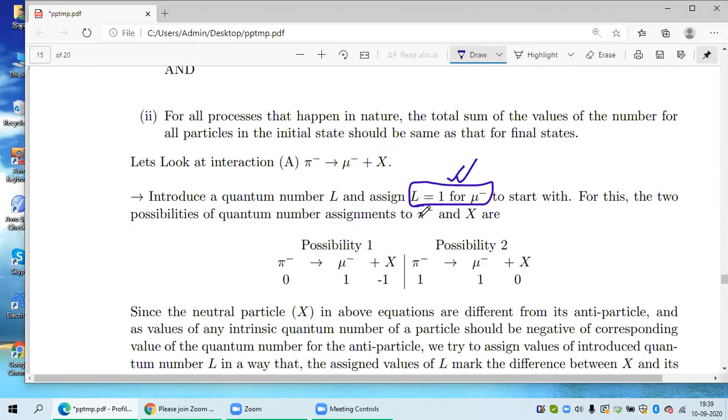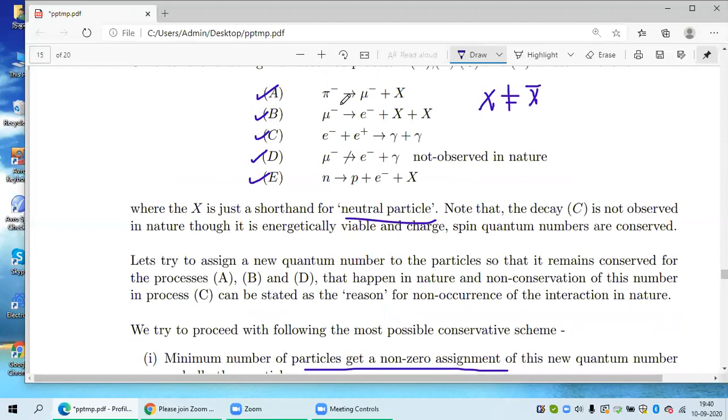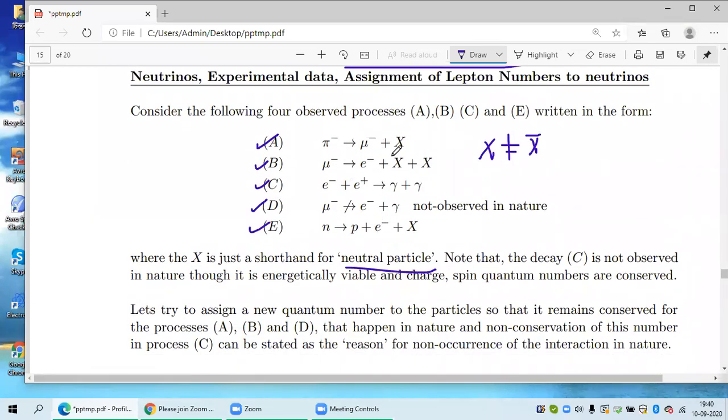Why do we assign L equal to 1 for the mu particle? Why not for the pion? Mu is fundamental, that is so. That is because this has some historical importance. So we have seen these interactions. How will we assign these quantum numbers, only looking at these interactions, in such a way that these interactions conserve the lepton numbers?